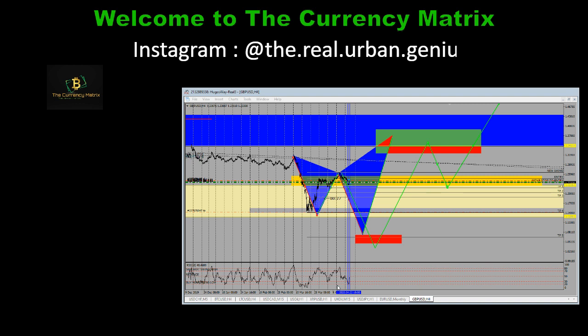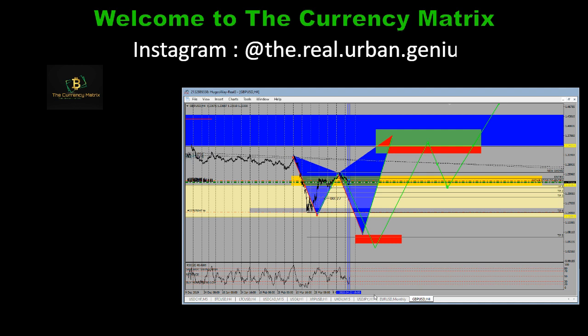Right now, we are in the B to C area of the pattern, and I'll send you this image in Telegram right now so you can see what I'm talking about. Let me know when you got that.